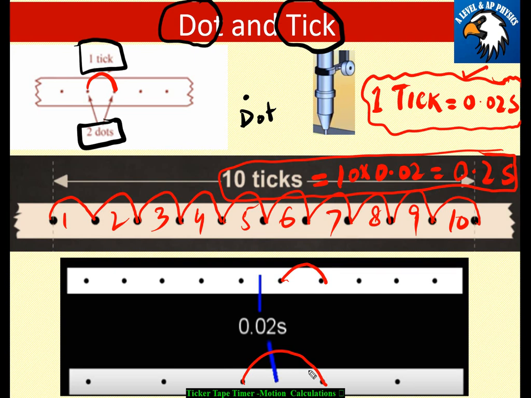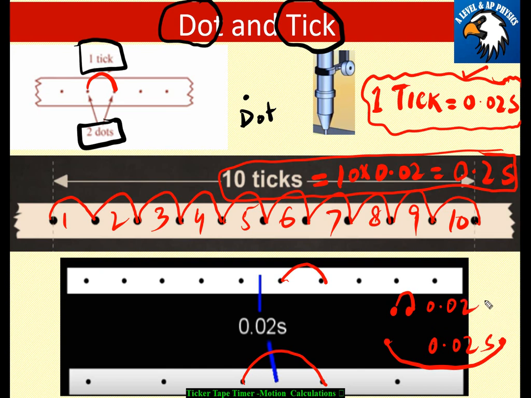Okay, let me explain to you. Time taken between two dots or one tick is always the same. It doesn't matter whether the dots are away from each other or very close together. For example, if I place one dot here, another dot here, and one dot here, one dot here, the time between these two dots and the time between the other two dots is the same, and that time is 0.02 second.